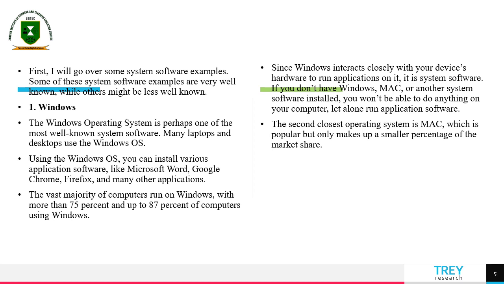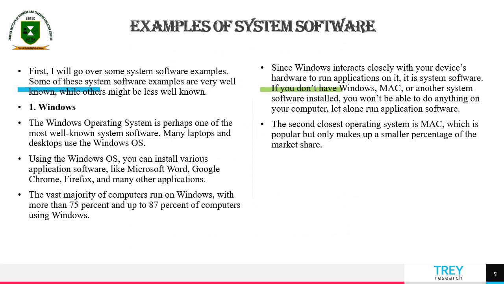For example, we cannot connect the keyboard; it can't work without having the system software installed on the computer. The second closest operating system is the Mac, which is popular but only makes up a smaller percentage of the market share.